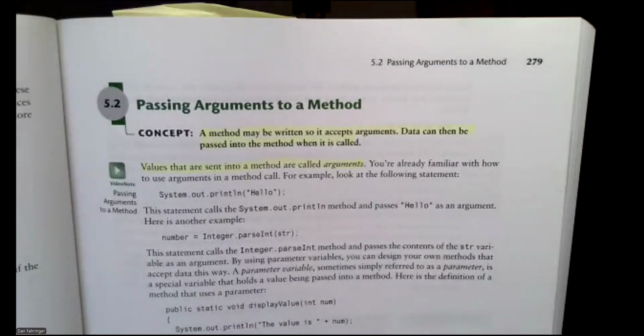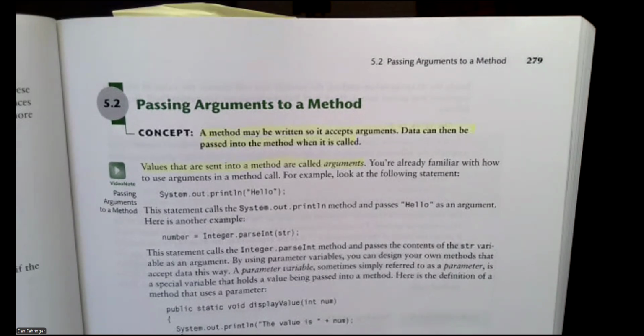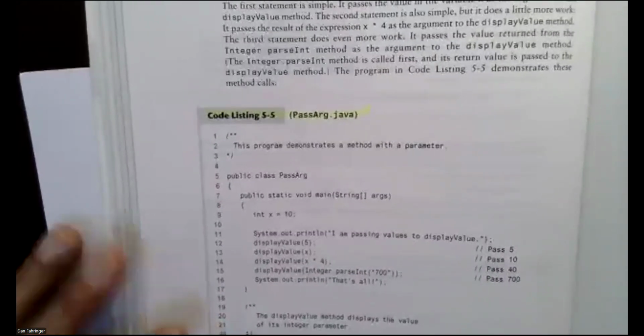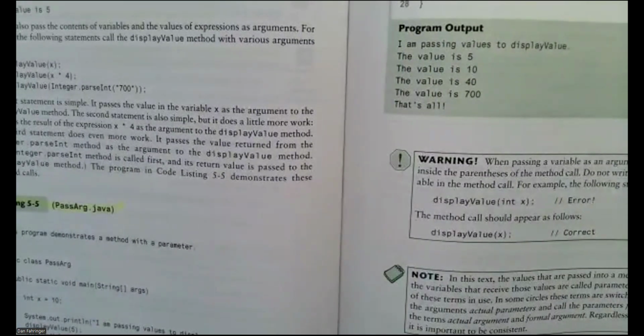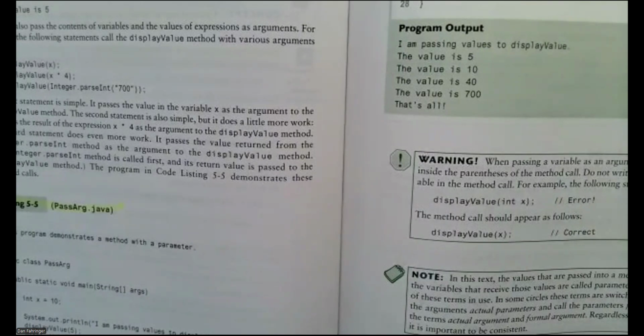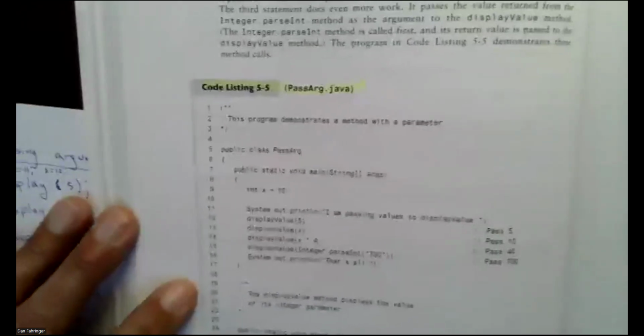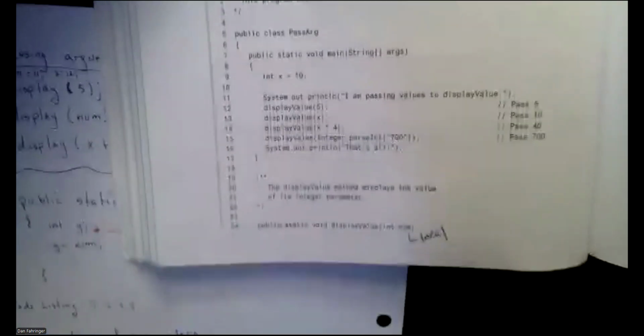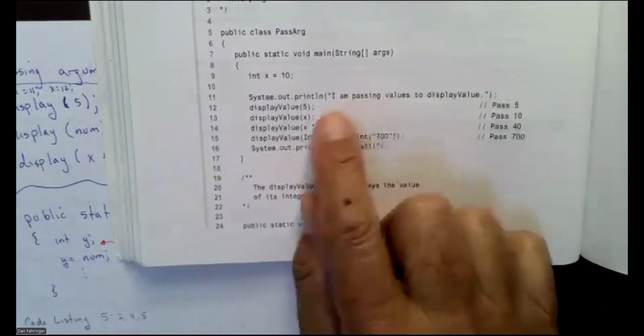Section 5.2 is what we just talked about, passing an argument. And a simple example is right here. Oh, my screen went out. Sorry about that. Right here, I just passed a whole bunch of different arguments.